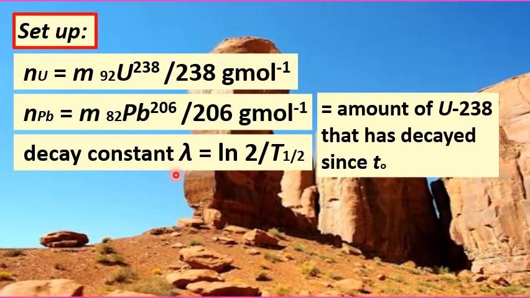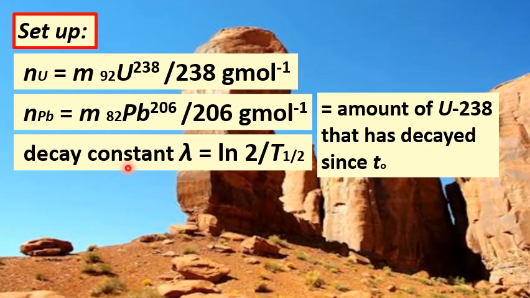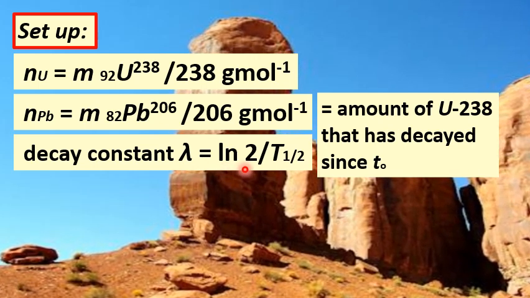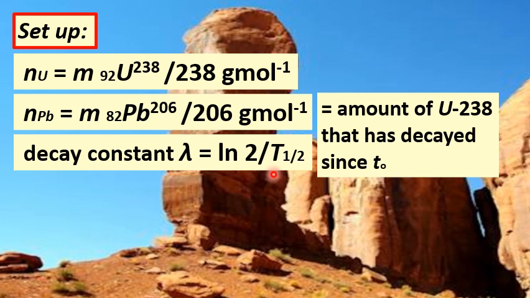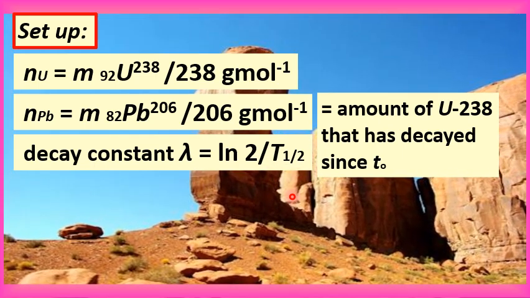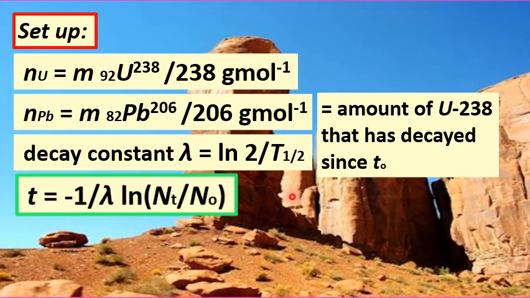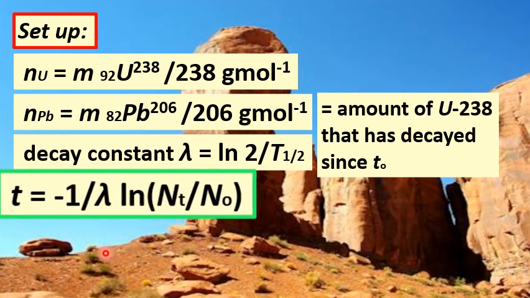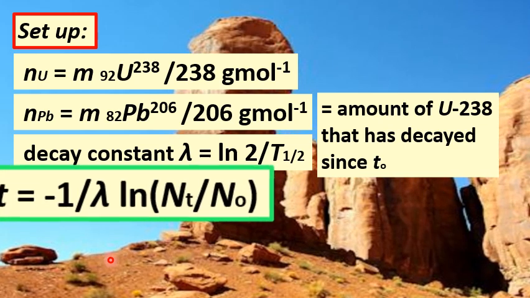Using this formula, decay constant lambda is just equal to the natural log of the number 2 divided by the half-life of uranium-238. So once we know the decay constant lambda, we can proceed in determining the time t, which represents the age of the uranium ore.